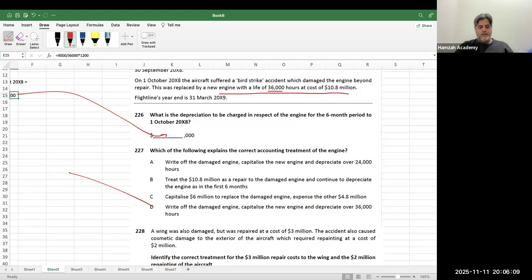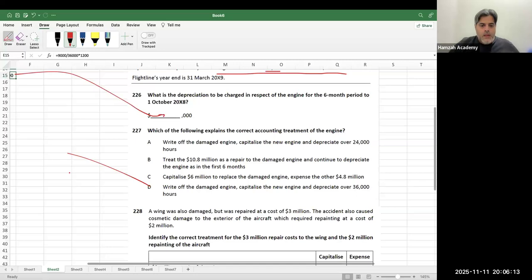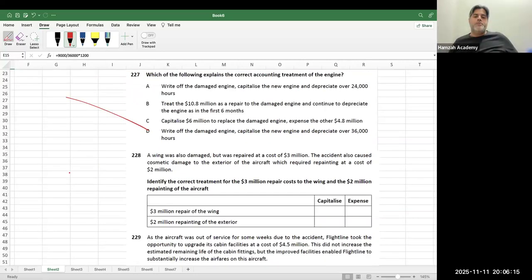All right. Then the next part is 228. A wing was also damaged but was repaired at a cost of 3 million. The accident also caused cosmetic damage to the exterior of the aircraft, which required repainting at a cost of 2 million. Identify the correct treatment for the 3 million repair cost of the wing and the 2 million repainting of the aircraft.